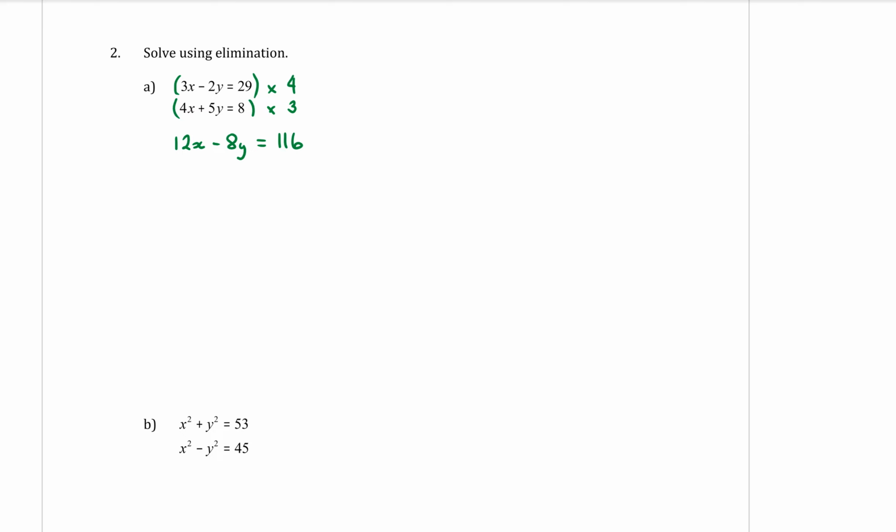So 4 times 3 is 12x plus now 5 times 3 is 15y and 8 times 3 is 24. Okay, so we've had to adjust our equations from the start. But now our x's, we've made them the same.